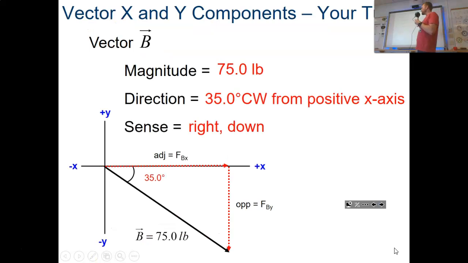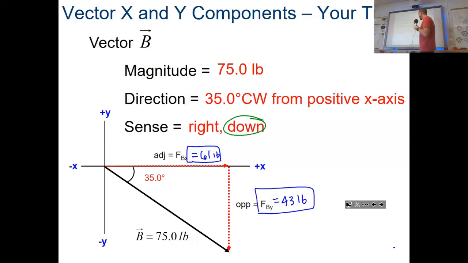Now, this is the same problem, and now it's pulling down and to the right. So you're going to get the exact same numbers. We're going to get 61, and you're going to get 43 using sine, cosine, and tangent.